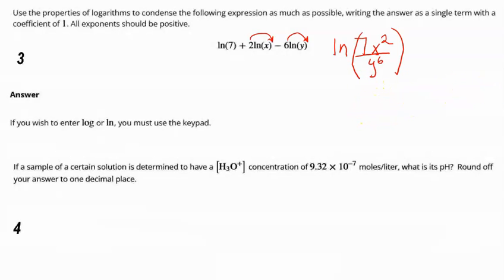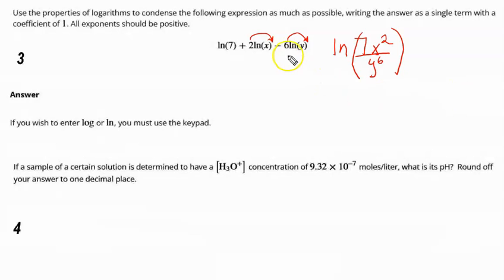So in review, never hurts, these are going to be products, 7 times x to the 2nd. The minus indicates division, y to the 6th power.